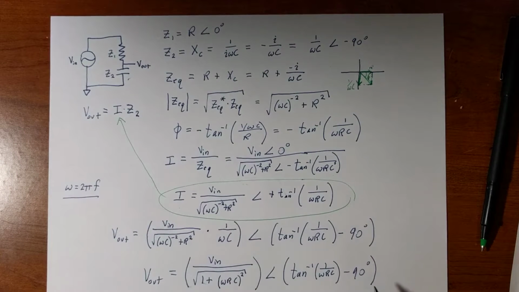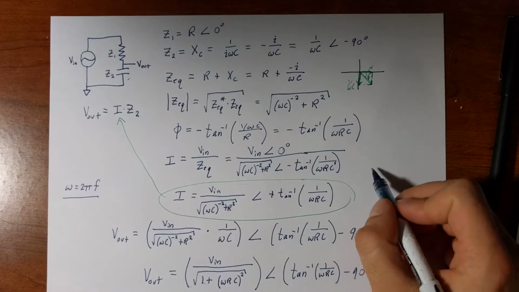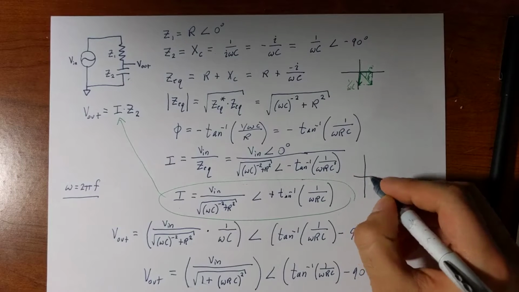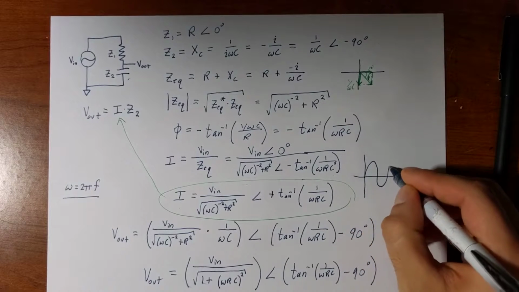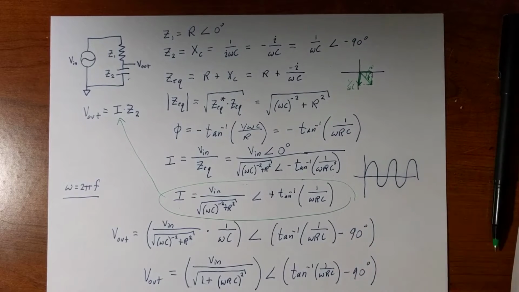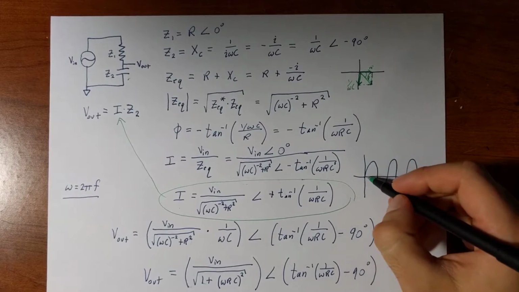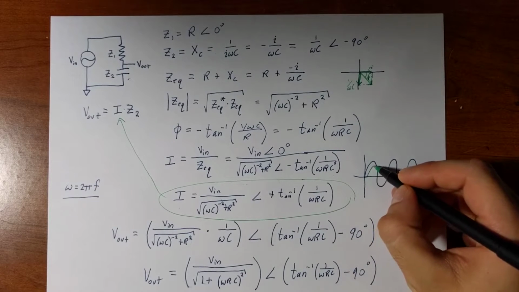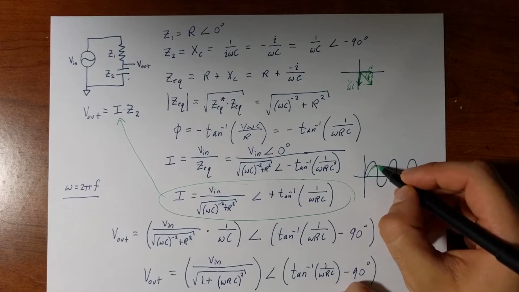Negative means it lags. So that means if I am looking at the output, and I have two signals like this, let's say my other signal looks like this.